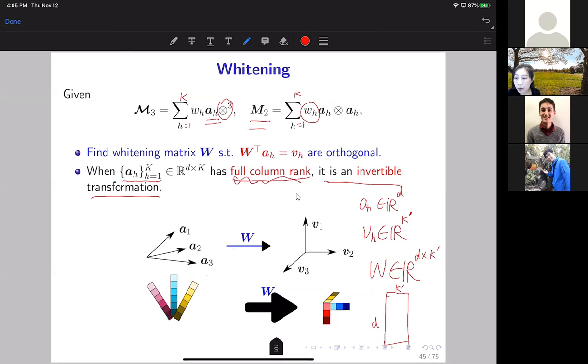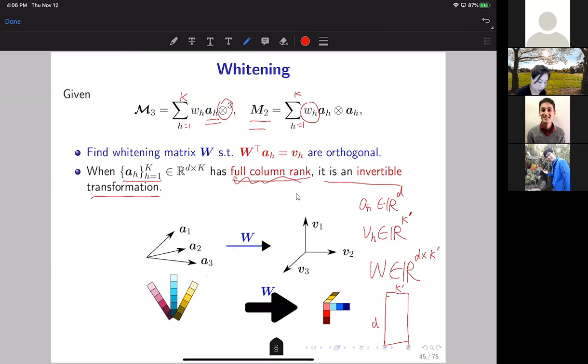That's why we call it dimensionality reduction, because by finding such a matrix W, we're projecting very high dimensional data to a very low dimensional space, from hundreds of thousands to hundreds. It's really a dimensionality reduction doing this kind of multilinear operation on the tensor M3. Is this clear?